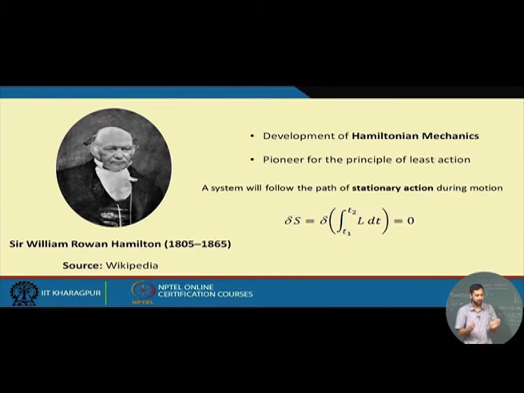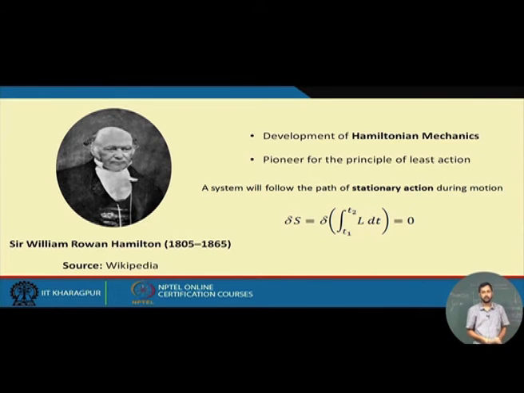Now, he came up with a principle of stationary action, sometimes called the least action. What he did was replace this kinetic energy term with the Lagrangian of the system, and between two time points t1 and t2, the system will take that path along which this particular integral L dt is stationary.